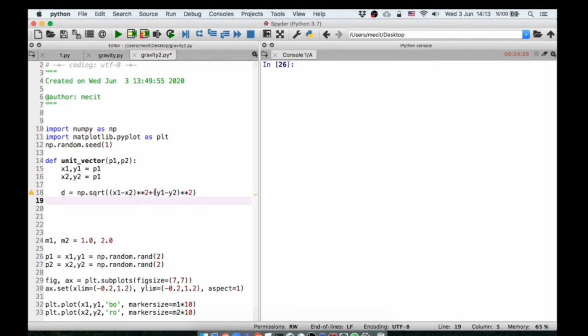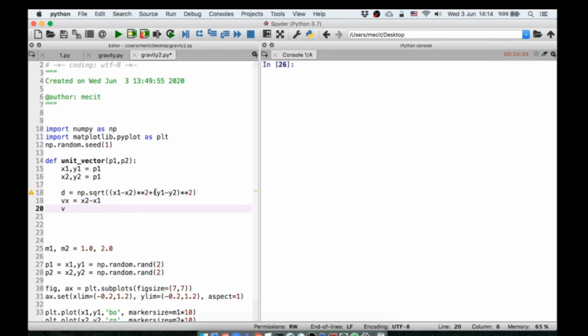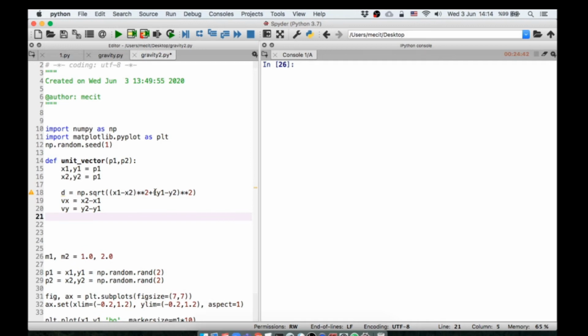And then 2 vectors: vx, x2 minus x1, and vy, y2 minus y1. Okay, so these are the vectors pointing from 1 to 2.